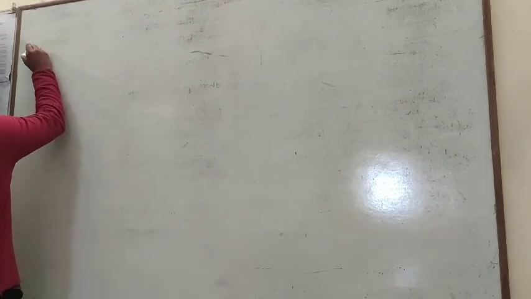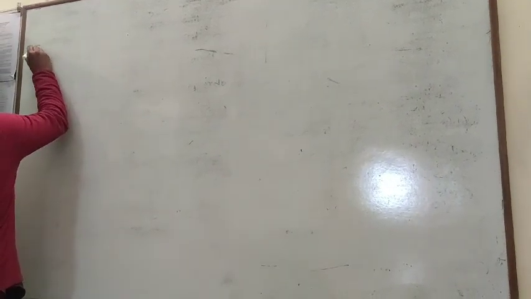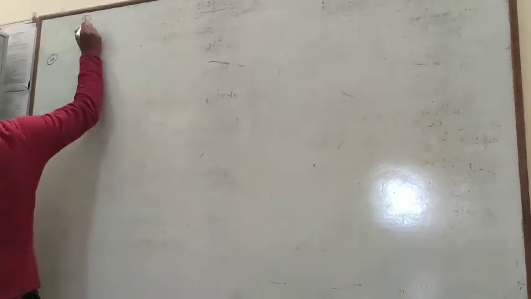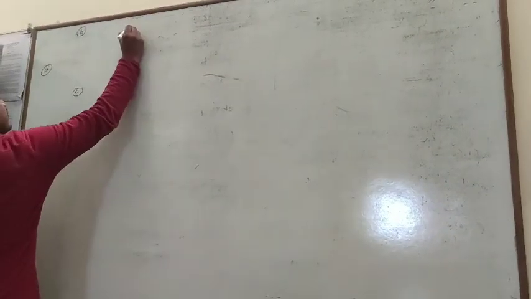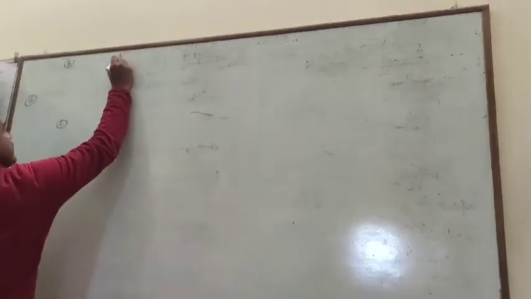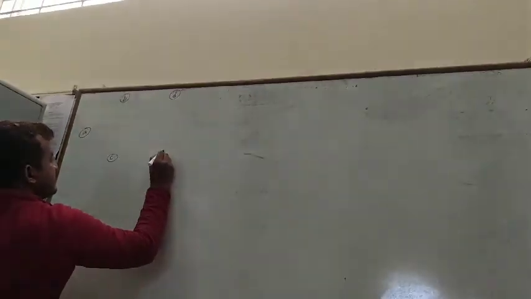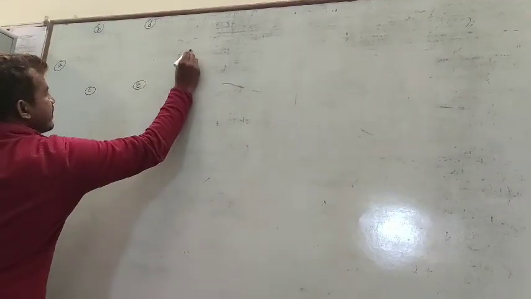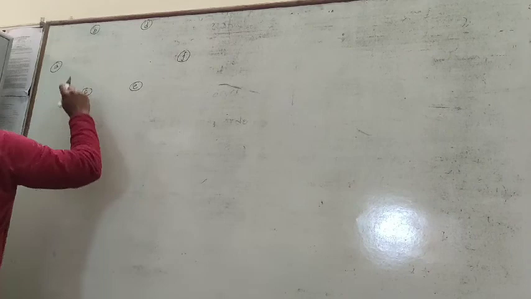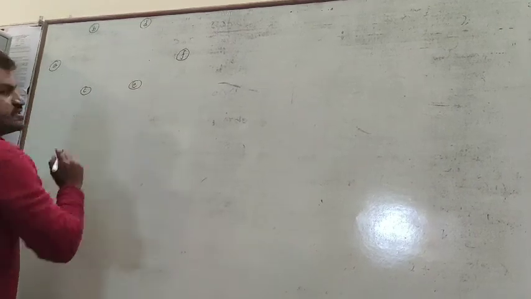Find the minimum spanning tree by using Kruskal algorithm. Consider an example with nodes A, B, C, D, E and F. We have 6 nodes.